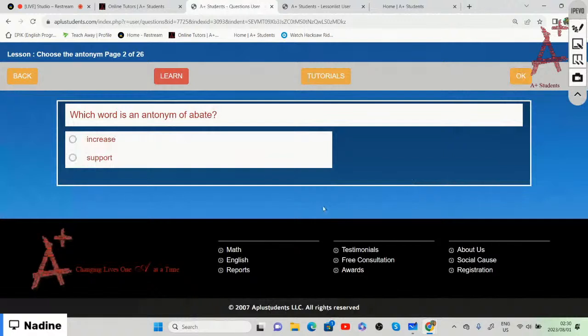So abate means something unpleasant or severe. So the opposite of unpleasant, it's either pleasant, or we can say it is either support. Let's choose support.